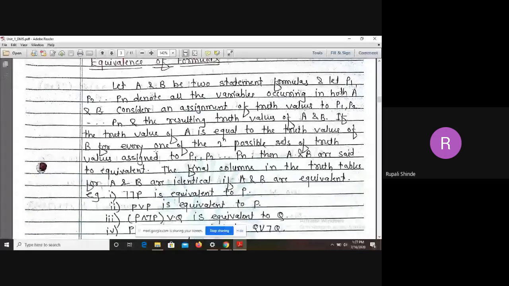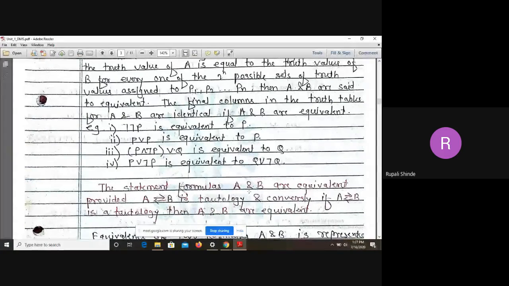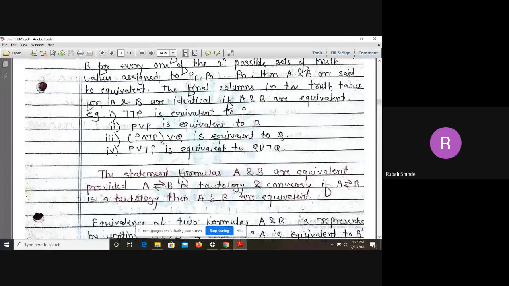Statement formulas A and B are equivalent provided A biconditional B is a tautology. And conversely, if A biconditional B is a tautology, then A and B are equivalent. So this is the way to check the equivalence of formulas. What we have to do is find the biconditional between those two formulas.